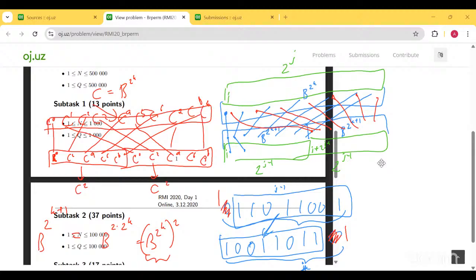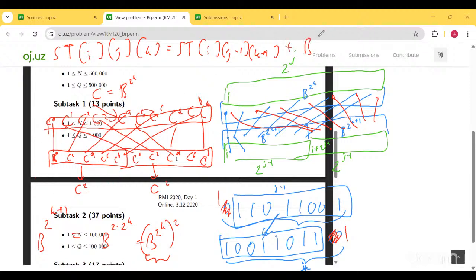Okay, finally, the formula is like this. Sparse table for i, j, k is equal to sparse table for i, j minus 1, k plus 1, plus b to the fk, right? fk is b to the 2 to the k.